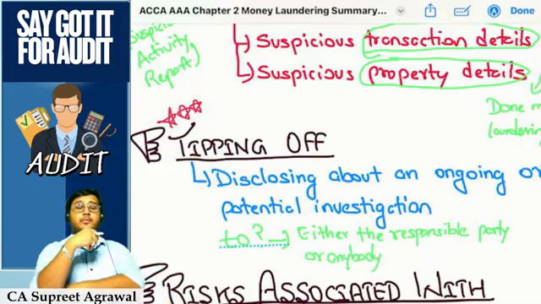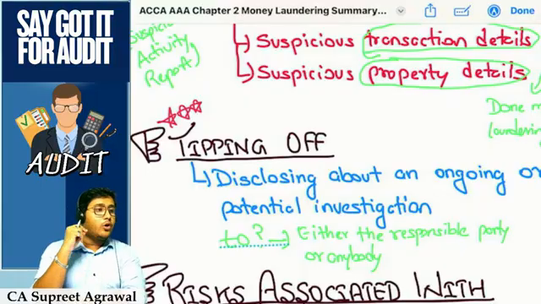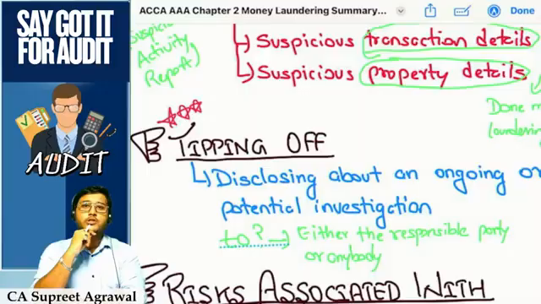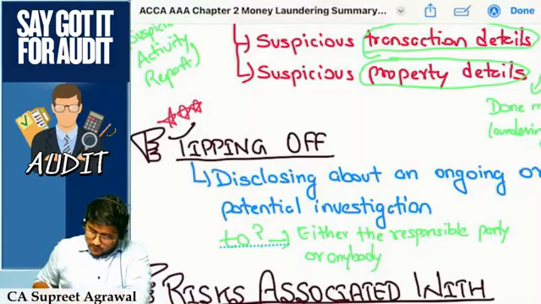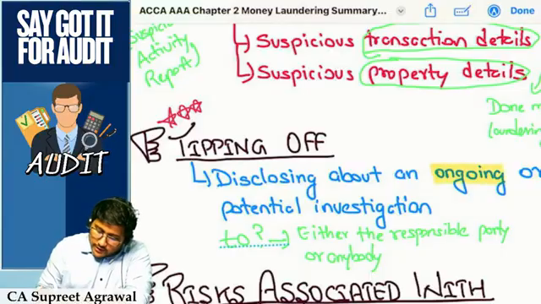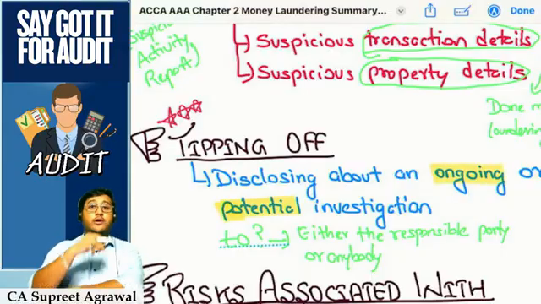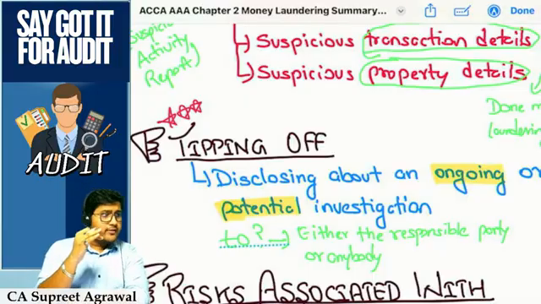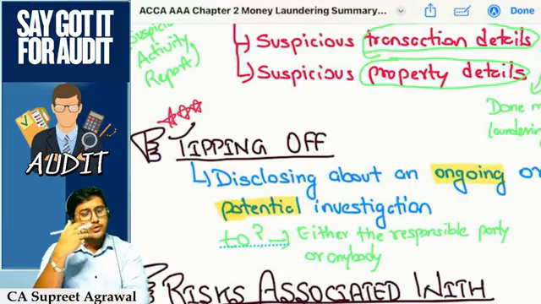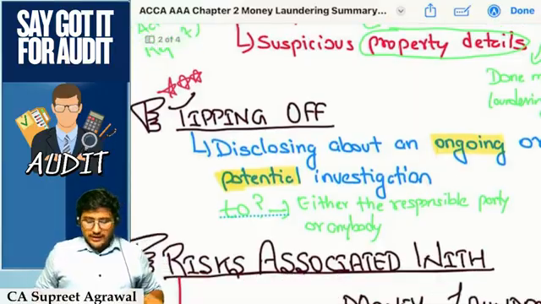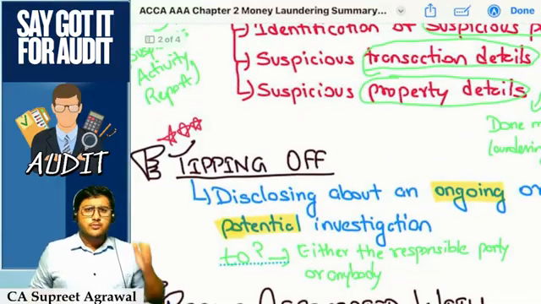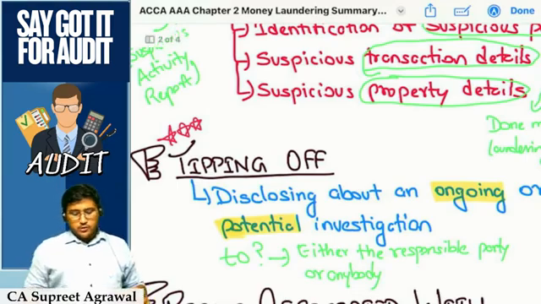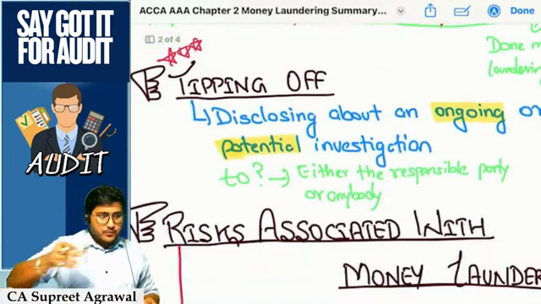If you disclose the details about the ongoing investigation or the potential investigation which has not yet happened, then too it is covered. Both are covered, ongoing as well as potential investigation, to either the responsible party or anybody. That is very, very important for us to understand. I hope this must be understood now, right?